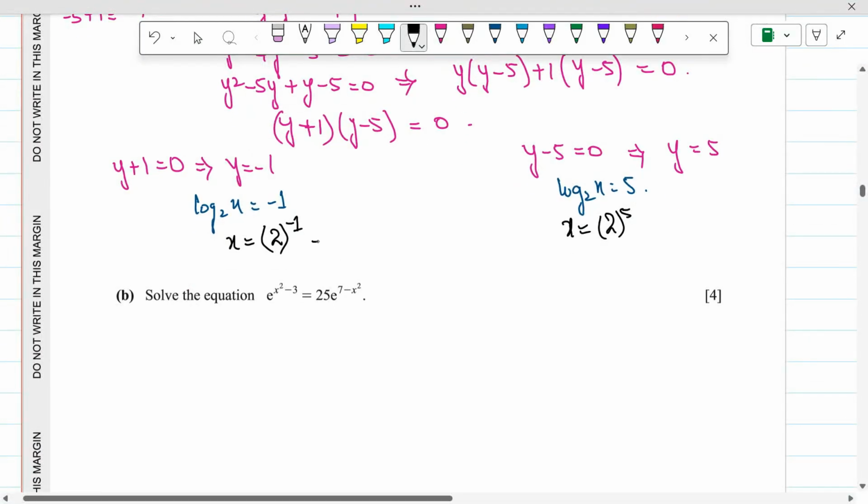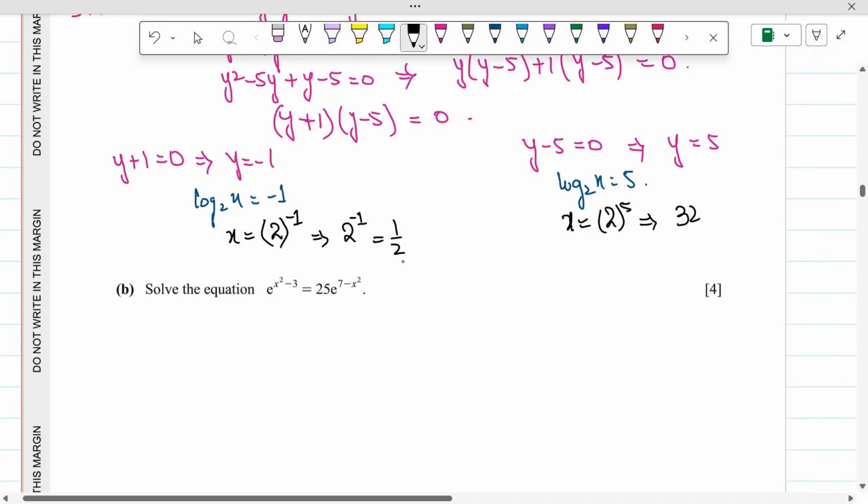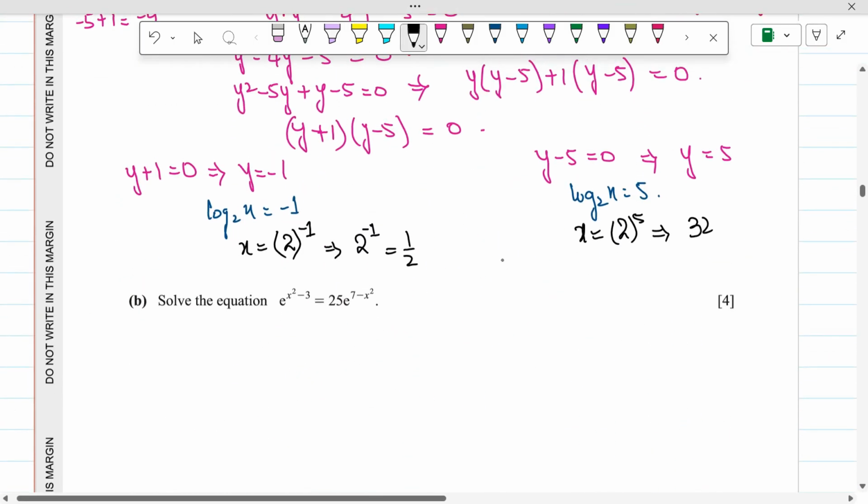So this one is equal to 2 inverse, which is 1 over 2. On the other side, this one is equal to 2 to the power of 5, which is 32. So we have the solution of the given equation, that x is equal to half and 32.